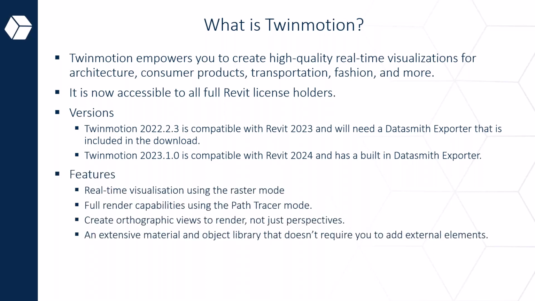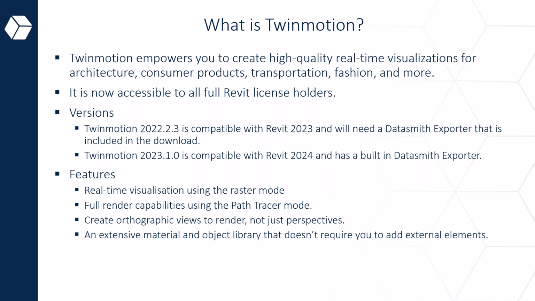Features, when it comes to Twinmotion, we've got real-time visualization using the raster mode. And then when you want to look at full rendering capabilities, that would be utilized using the path tracer mode. In Twinmotion, you can also create orthographic views to render, not just perspective.